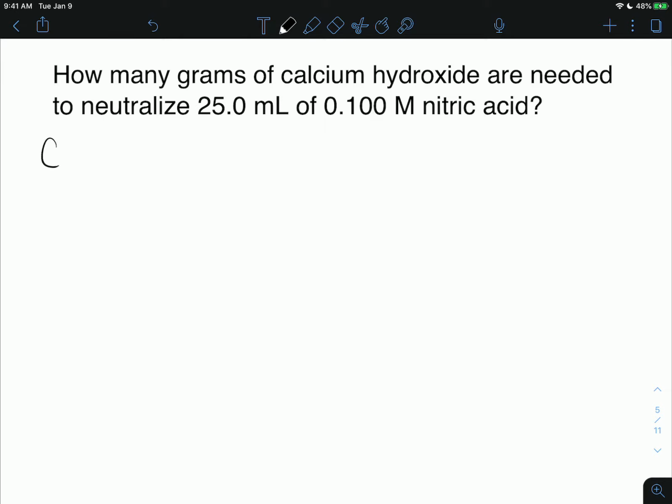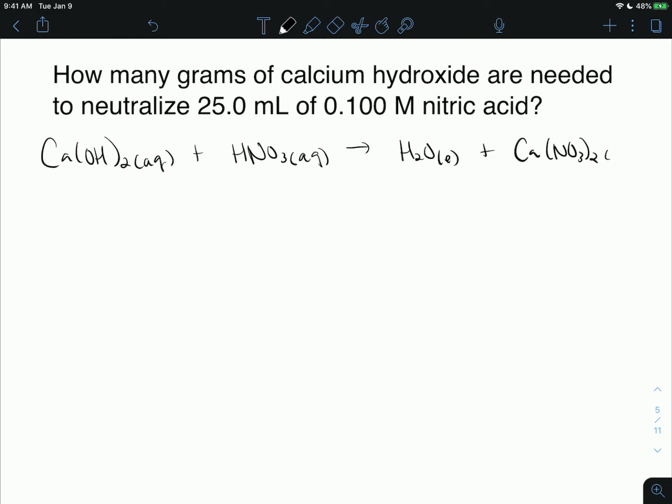So we've got our calcium hydroxide reacting with our nitric acid. And this is a hydroxide base, so we're going to produce water and a salt. And we need to know our charges, so make sure you're able to come up with the charges.